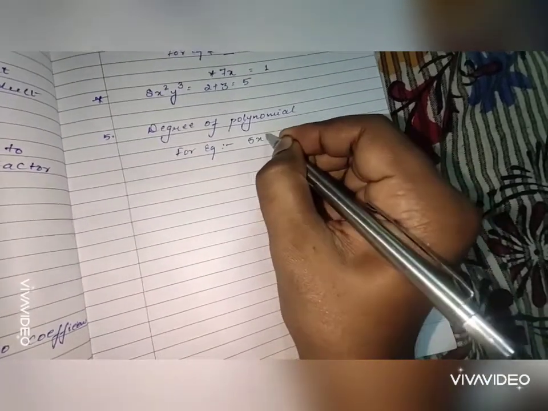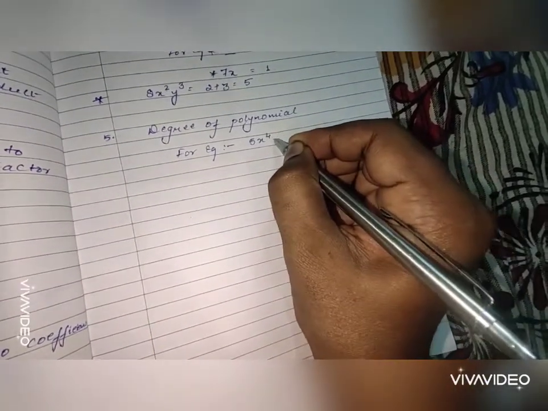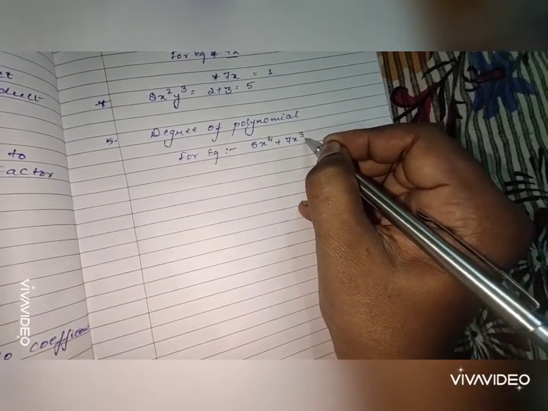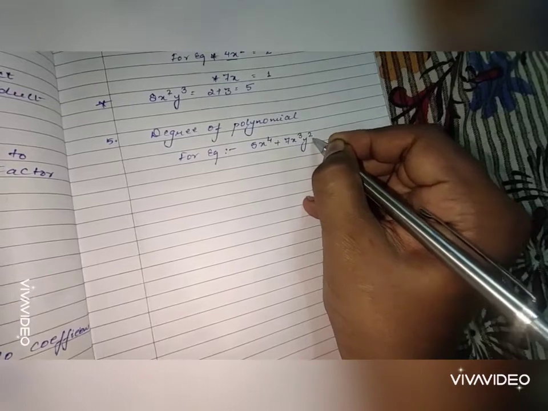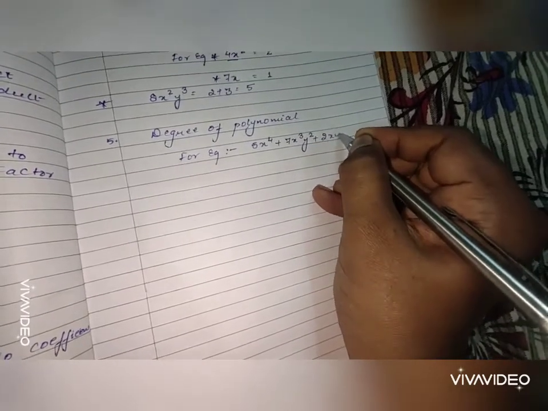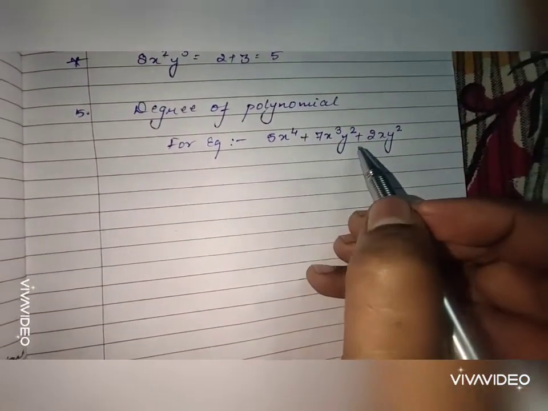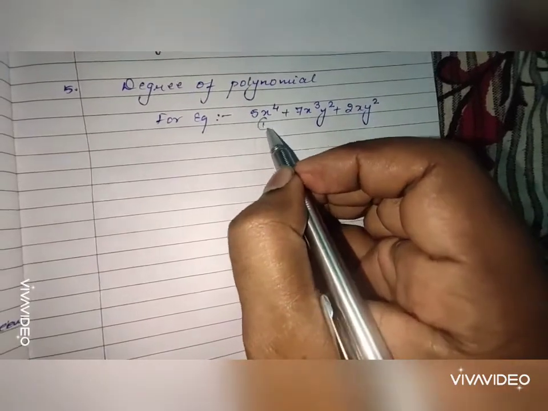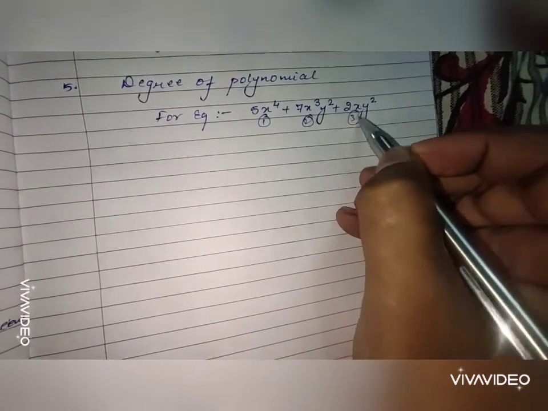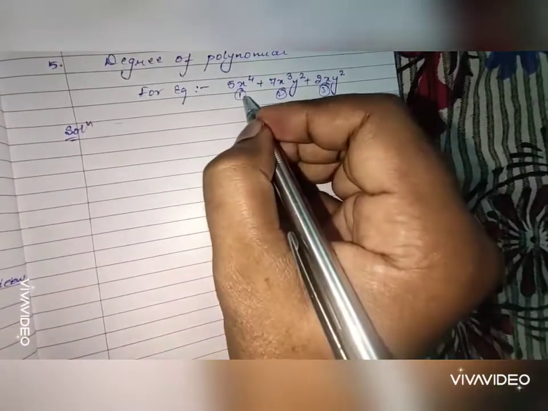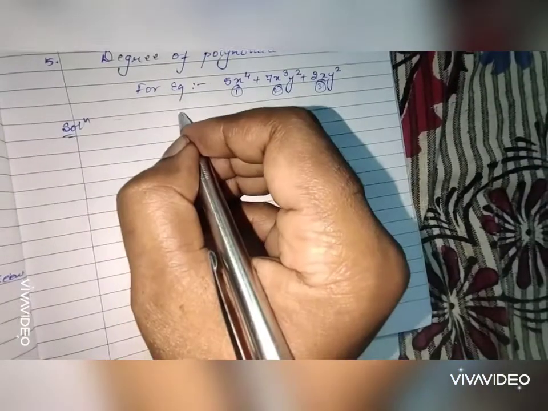For example, 5x to the power 4 is given, then 7x cube y square, plus 2xy square. Clear? So we will take out the degree of all these monomials, first this one, then second, and then third. So your first step will be to take out the degree of all these monomials.